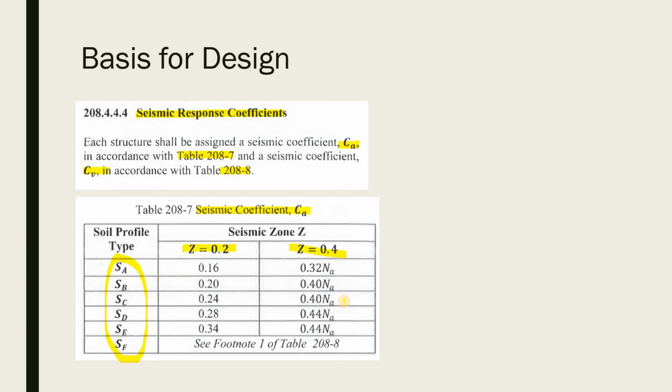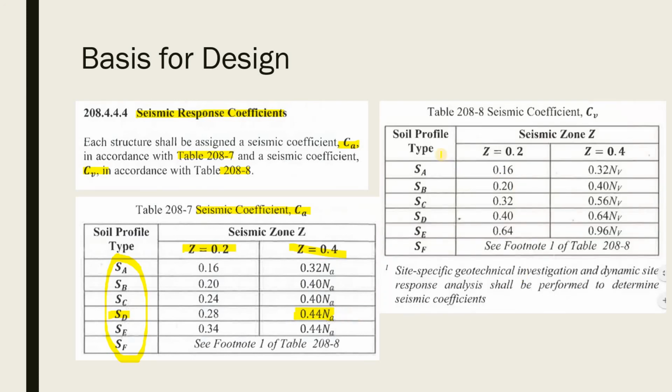Okay, pag alam na natin yan, for example, nasa soil profile type natin ay D, and then seismic zone natin ay 4. So the value is 0.44 N sub A. Okay, same thing for our seismic coefficient V. So dapat alam natin yung ating soil profile type. Okay, and then alam natin kung anong zone tayo.